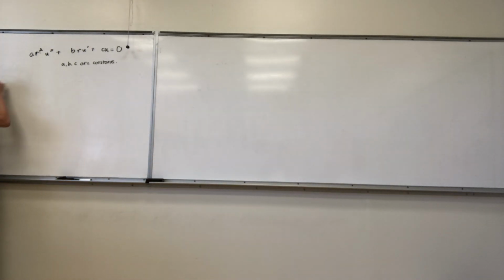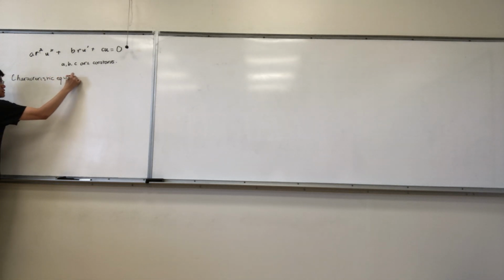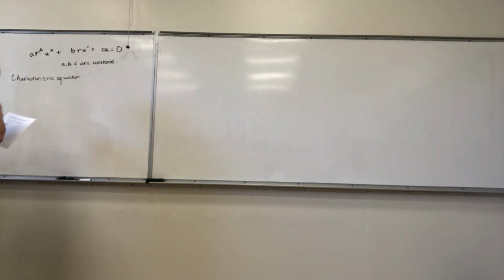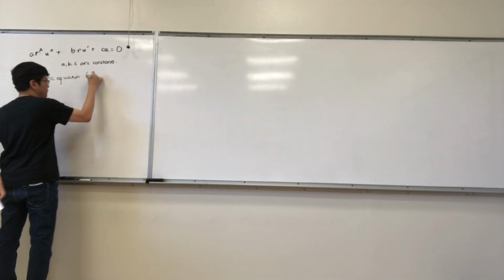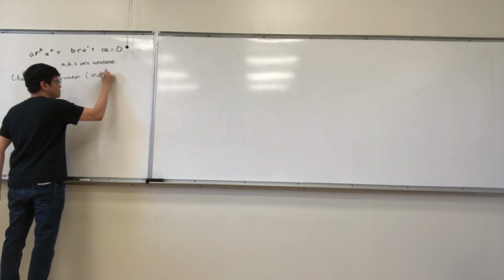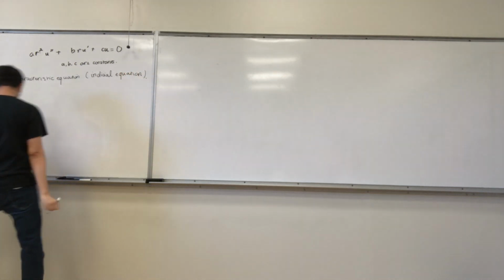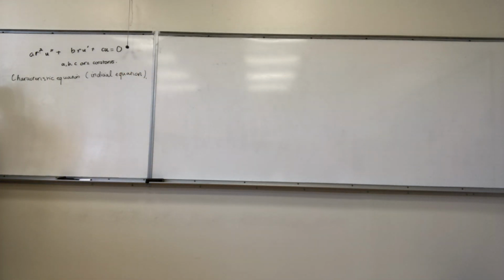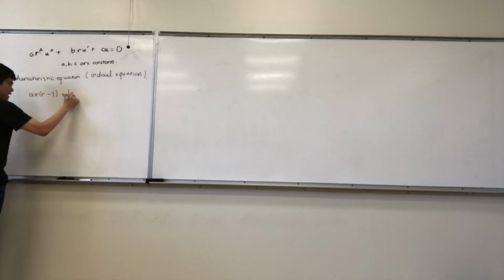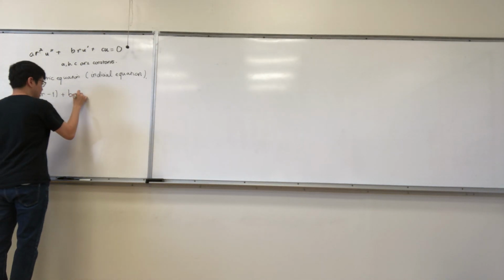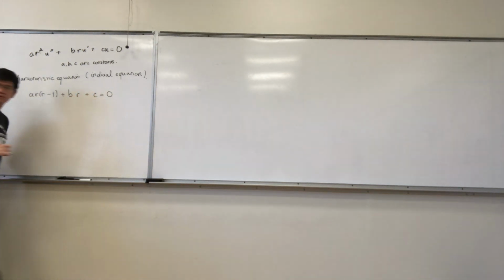Now you have the characteristic equation. In this case, it's called the indicial equation. You have A R times R minus 1 plus B R plus C is 0, right?